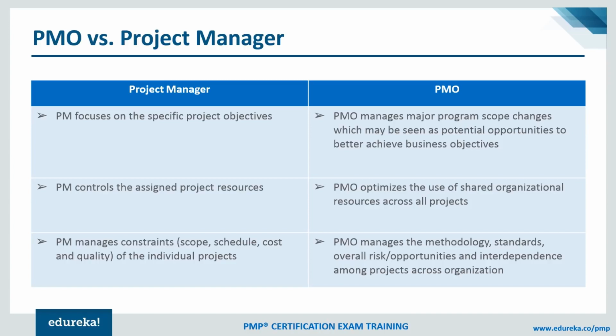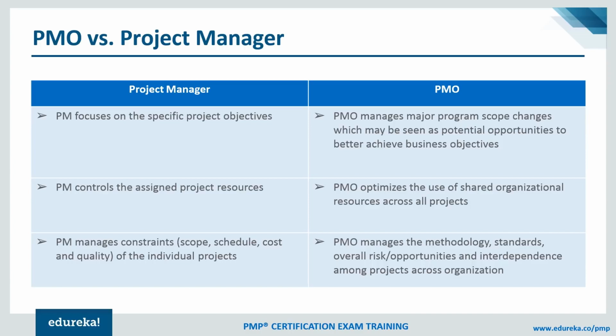So the key aspect to understand here is that the project manager manages constraints. The project manager focuses on the specific project objective, and also manages the constraints to make sure that all the objectives are achieved. Whereas PMO will make sure that the right methodology and standards are available to the project manager for his or her use.